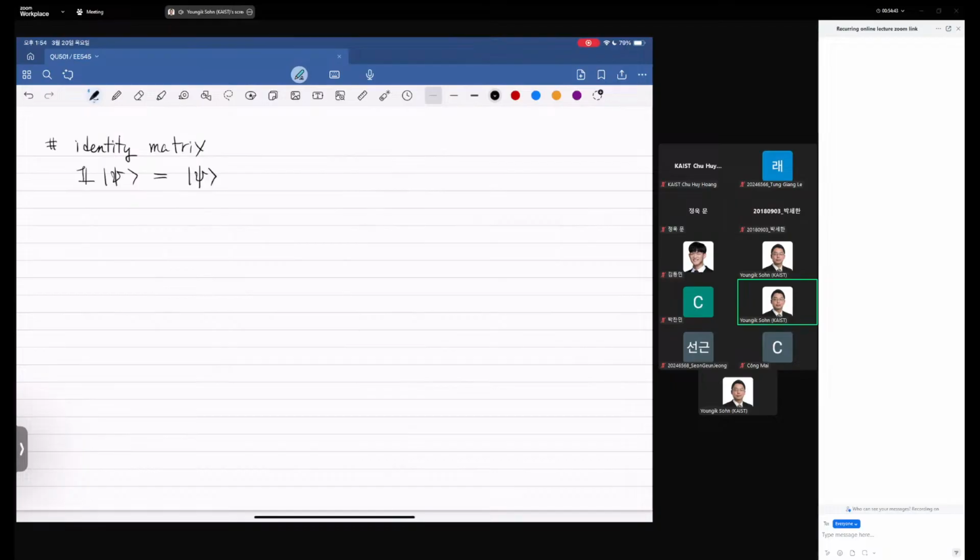You'll see. Let's say a complete set is given, and some arbitrary quantum state is a linear superposition of this basis.